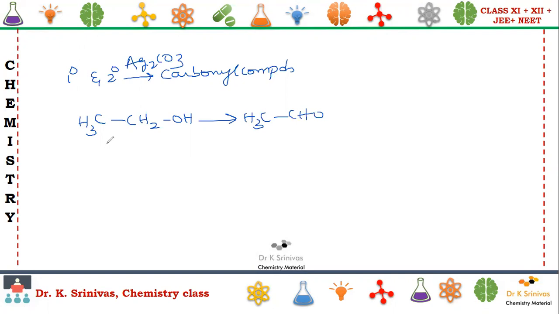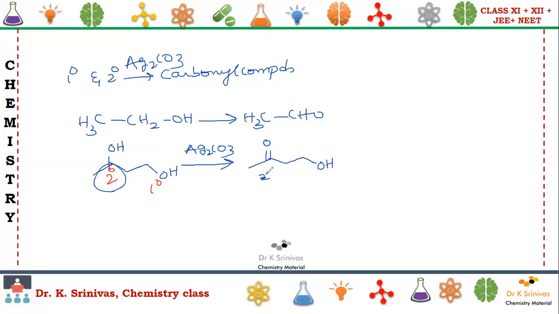But instead of that, if you are having OH here, I am taking a compound like this where we see both primary and secondary. This is primary alcohol, this is secondary alcohol. Whenever you have a combination like this, silver carbonate will specifically oxidize only the secondary alcohol. This was the position where the secondary alcohol was there. That is converted into the corresponding carbonyl group.